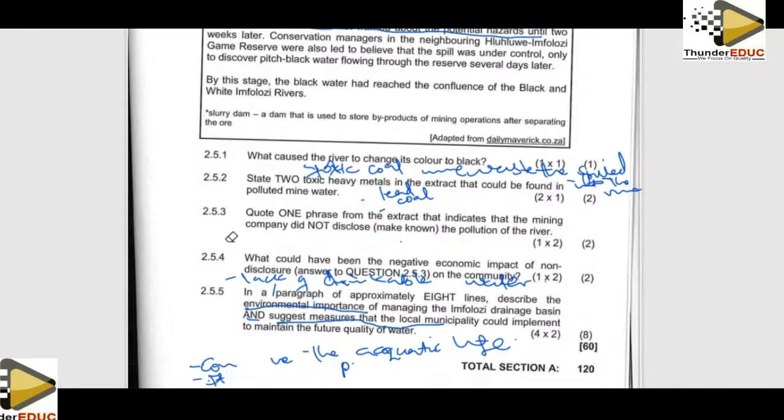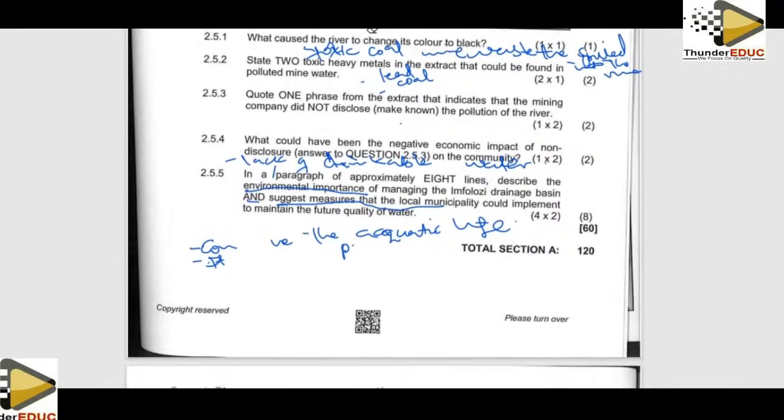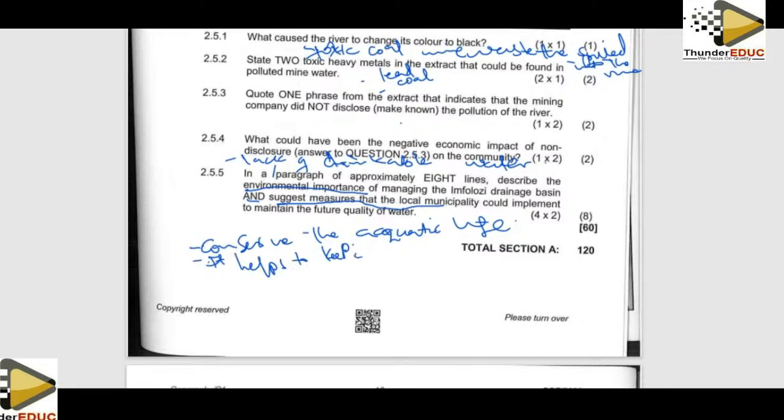So we said the first one, conserving the aquatic life. Number 2, it helps to keep water clean. And it also helps, I'm still looking at the positive, to conserve the vegetation that grows next to the river.